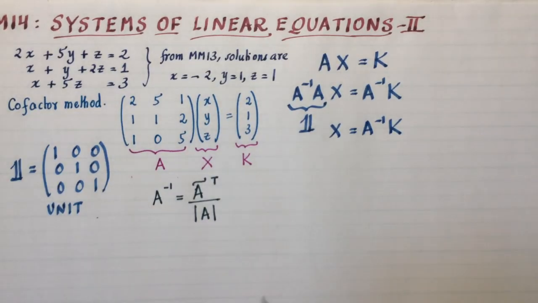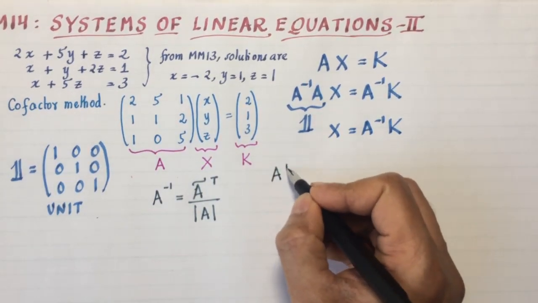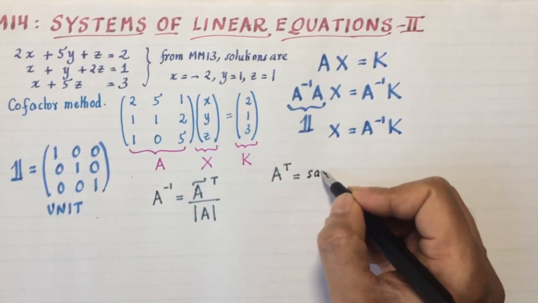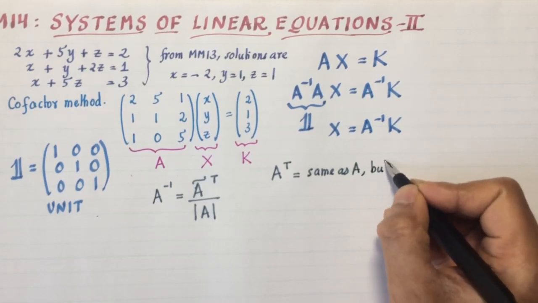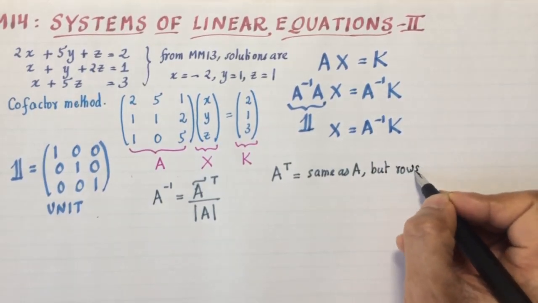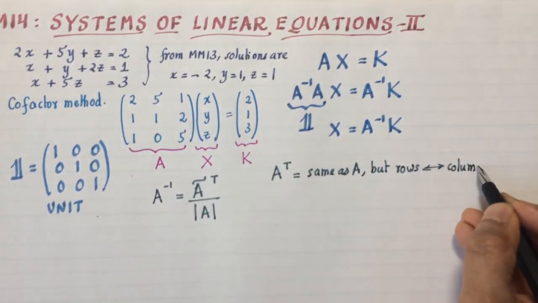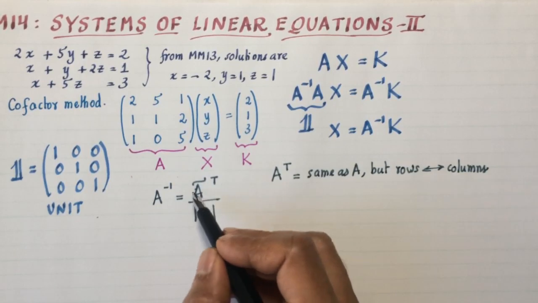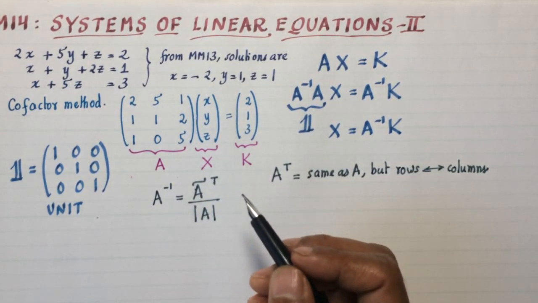Let's first study what the transpose is. Transpose is easy to write. A transpose would be the same as A, but with rows and columns interchanged. So rows become columns and columns become rows. But it's not A that we're taking the transpose of. It's this cofactor matrix, A cofactor. So what is that next?